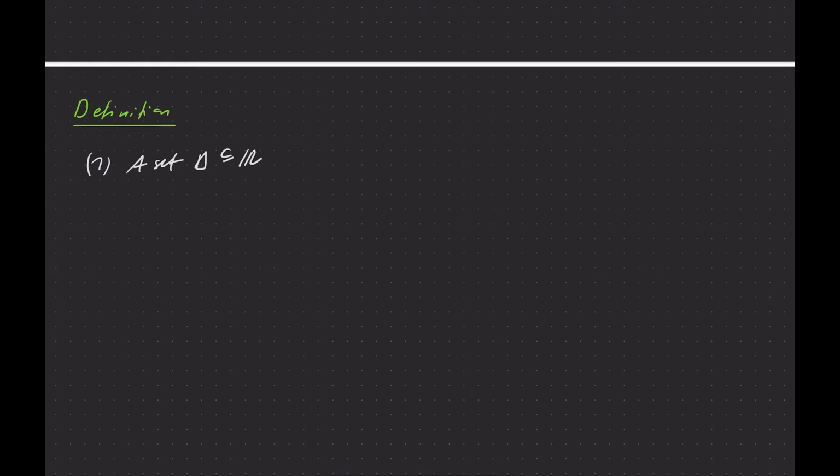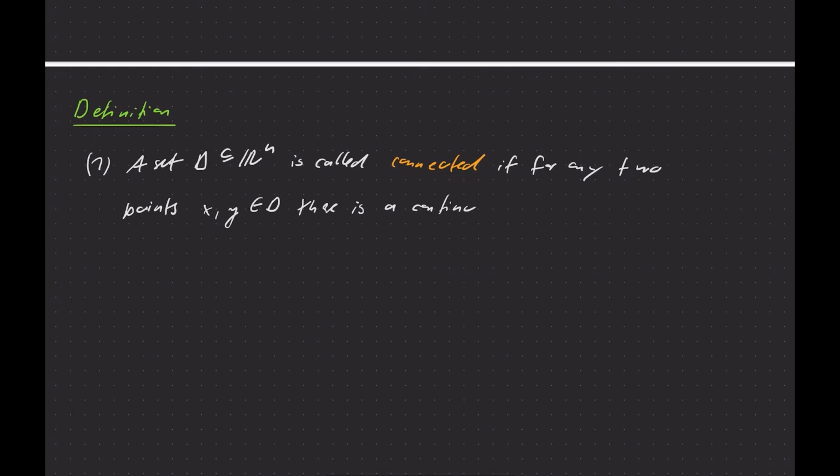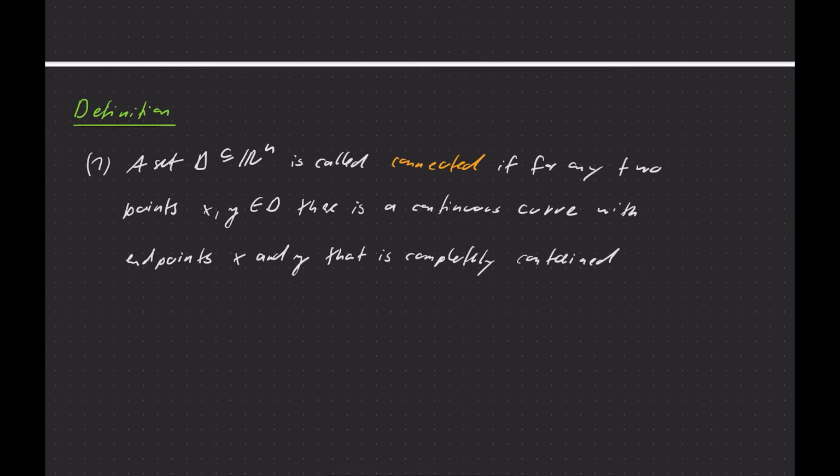A set D, subset of R to the n, is called connected if for any 2 points x, y in that set D, there is a continuous curve with endpoints x and y that is completely contained in D.